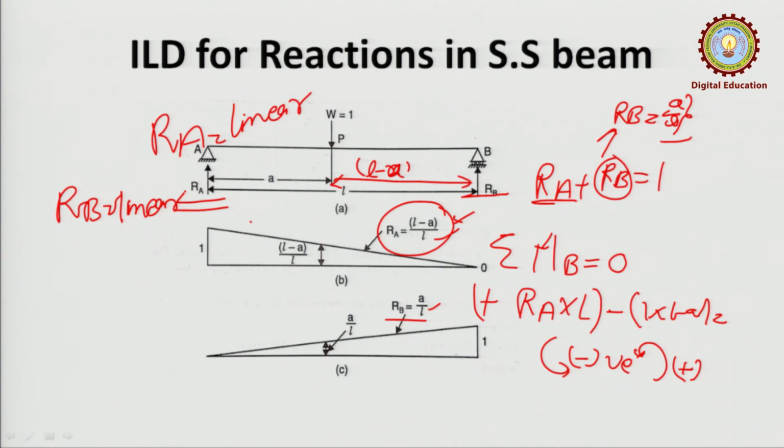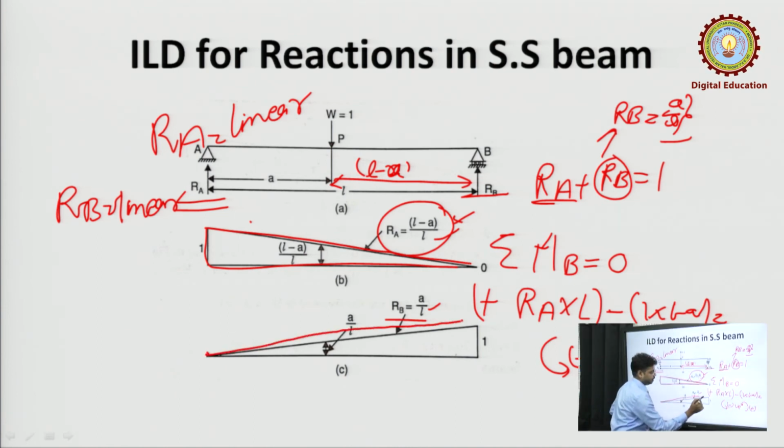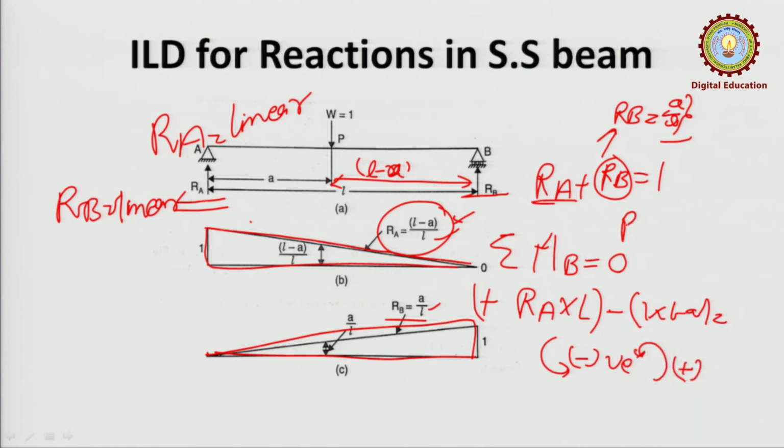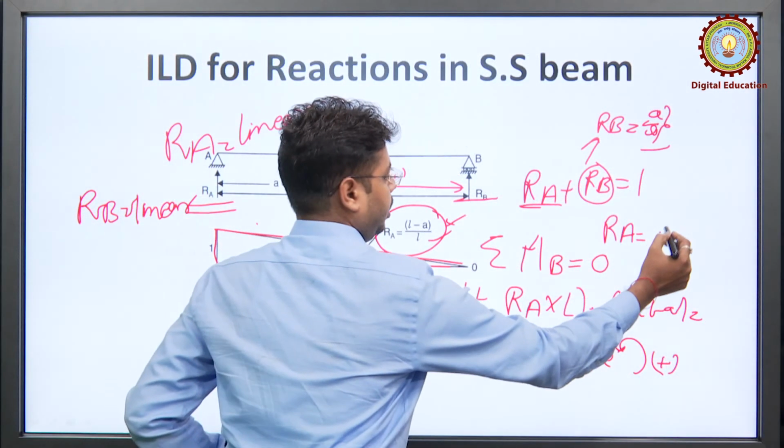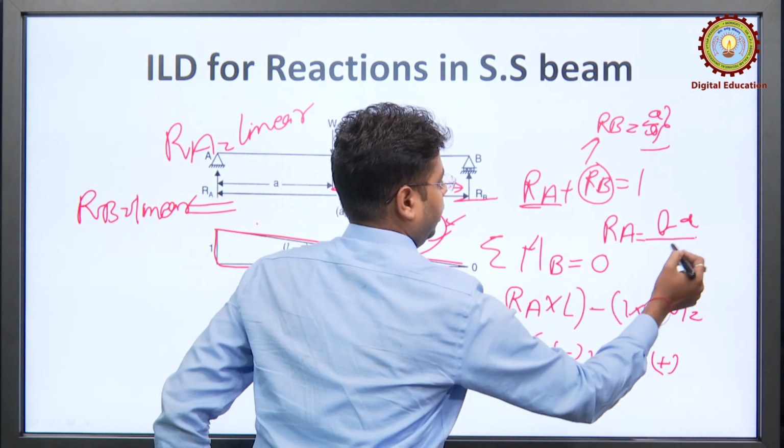Both are linear, that's why we have a linear influence line diagram. So simply we have the value of RA equal to L minus A upon L.